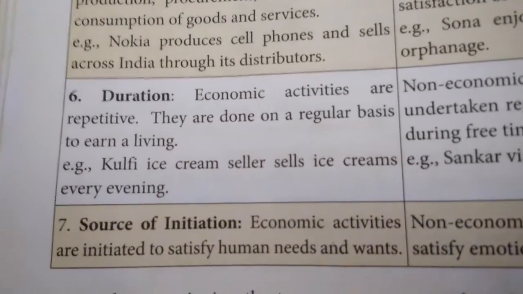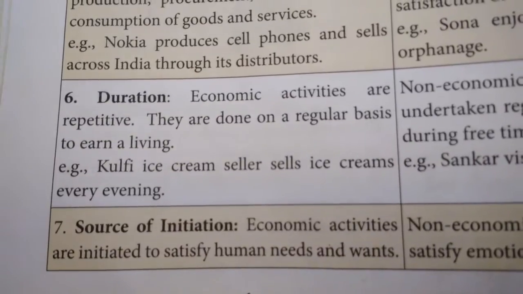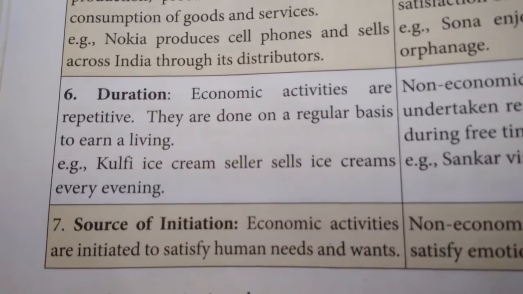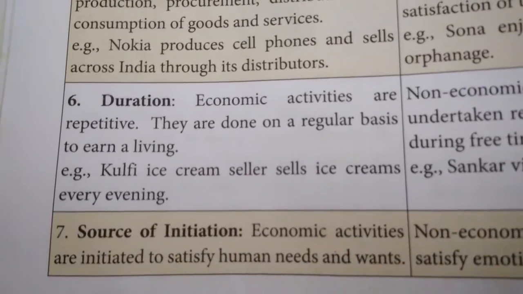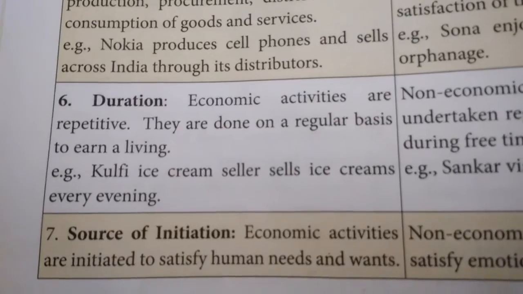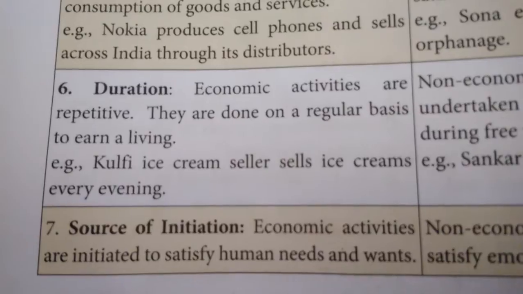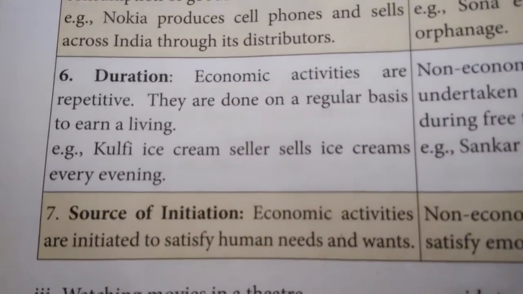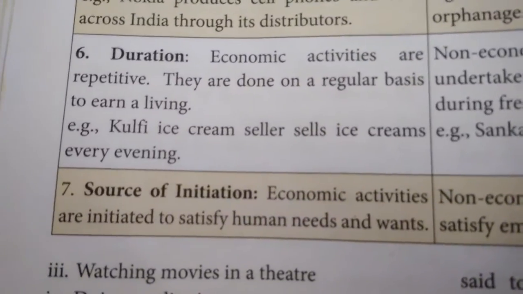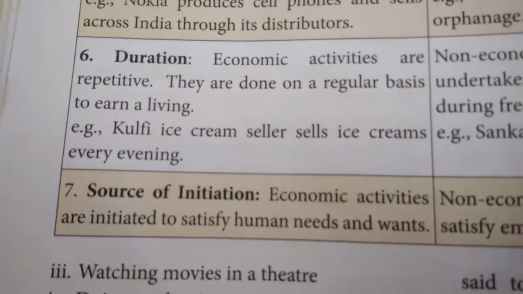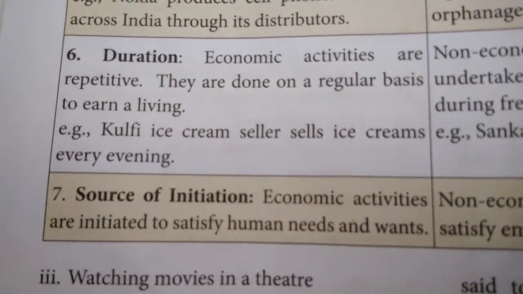If anybody goes to work, they will earn money, and to earn money they have to do their assigned work on a daily basis, without taking any leave. Suppose a kulfi ice cream seller sells ice cream every day. Like that, shopkeepers also open their shops every day from morning to night, only for the purpose of earning.